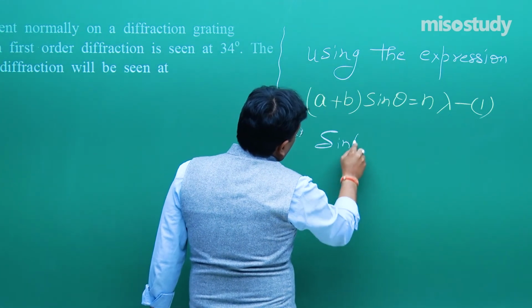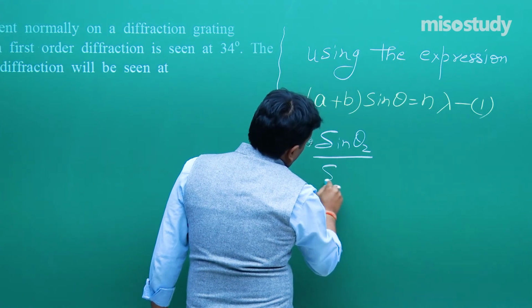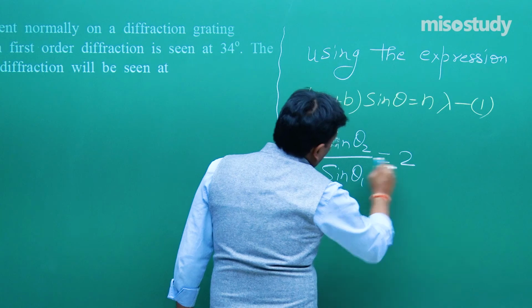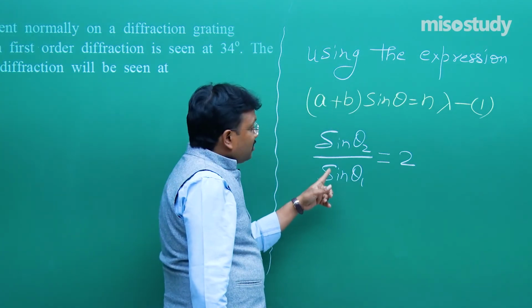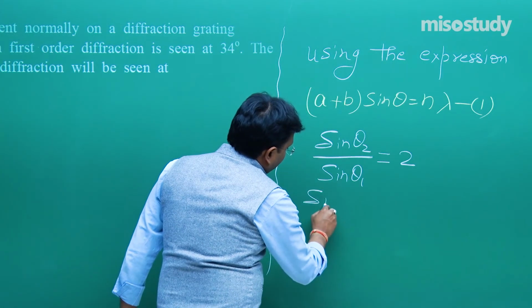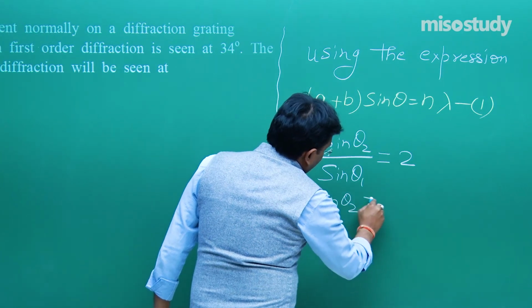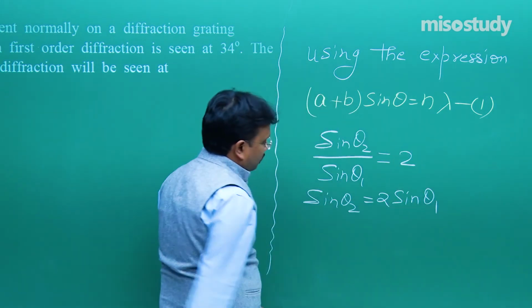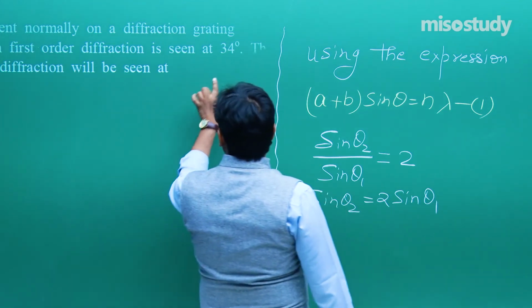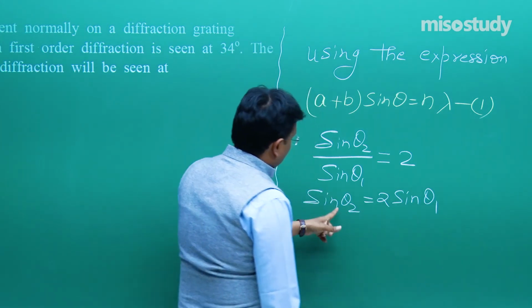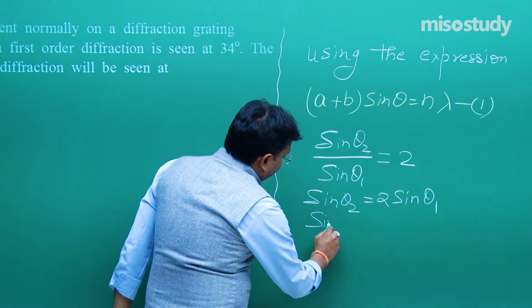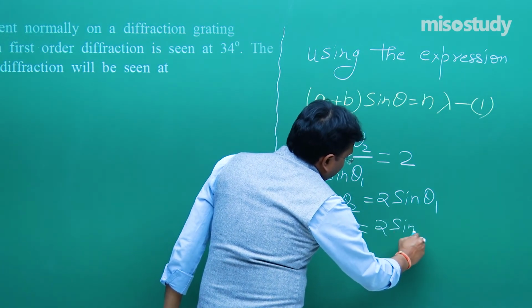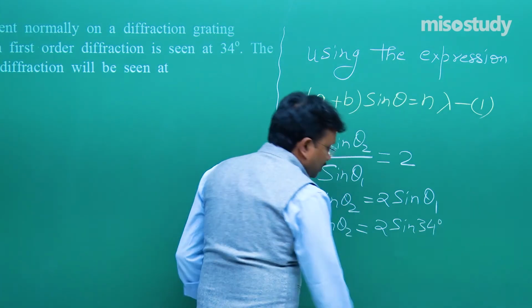Sin theta 2 upon sin theta 1 is equal to 2. It means sin theta 2 is equal to 2 sin theta 1. Fine. So theta 1 is given as 34 degrees. So sin theta 2 is equal to 2 into sin 34 degrees.